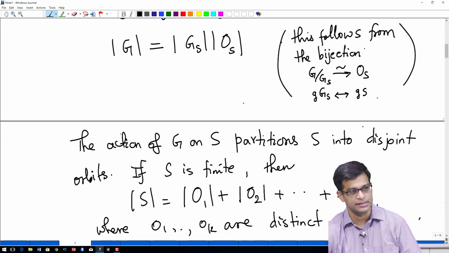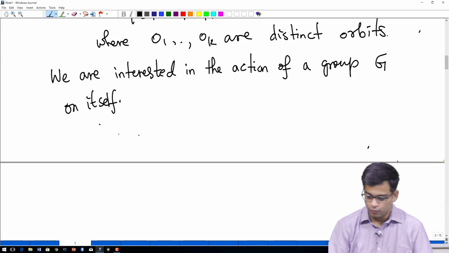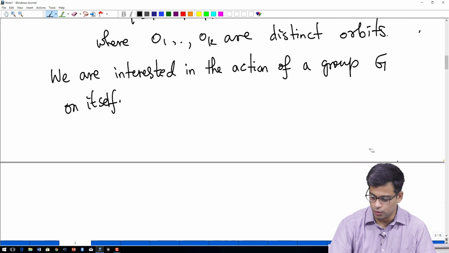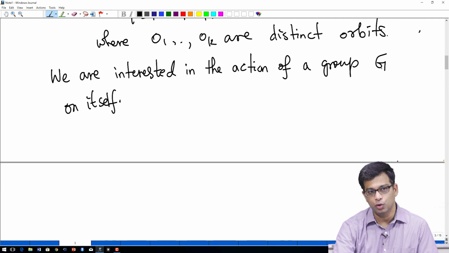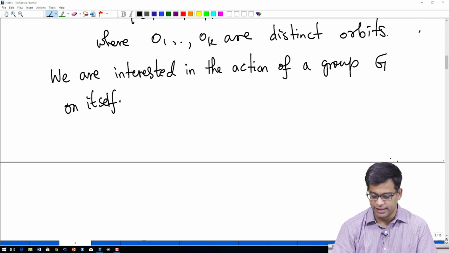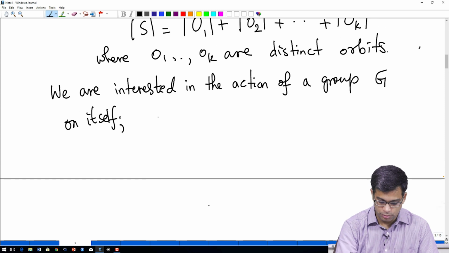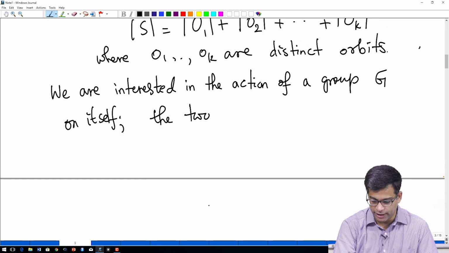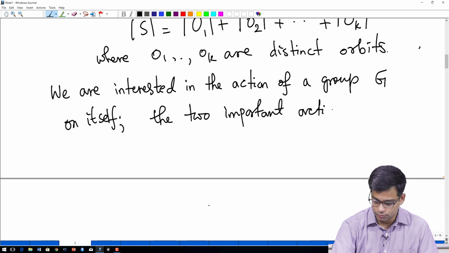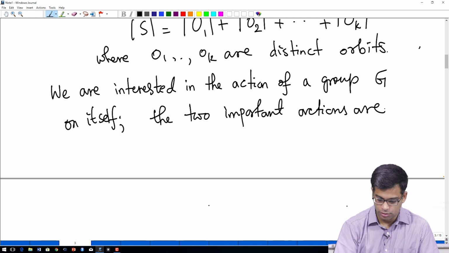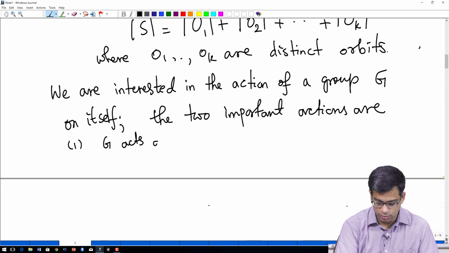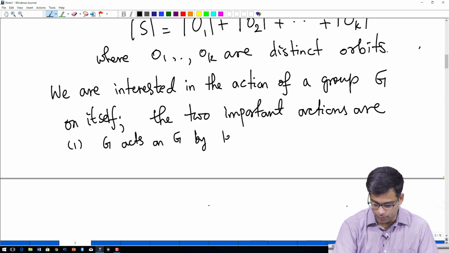Whenever a finite group acts on a finite set S, they hold. But we want to focus in these videos on the group G acting on itself. So, in other words, the set S is also G, and we are interested in two important actions. They are the following. One, G acts on G by left multiplication.